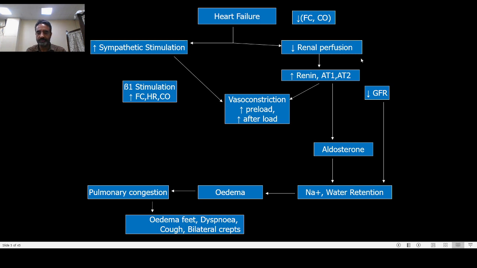This vasoconstriction is also caused by angiotensin. This is due to alpha stimulation by the sympathetic system and due to angiotensin. Then there is increased preload because of venoconstriction, and increased afterload due to arteriolar constriction. So this leads to an increase in both the preload as well as the afterload.